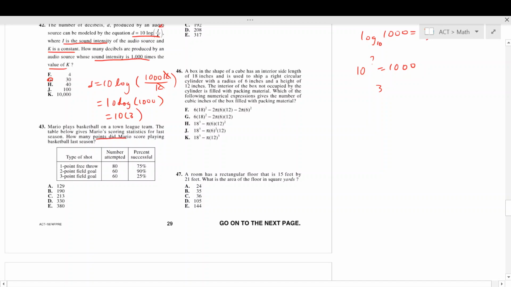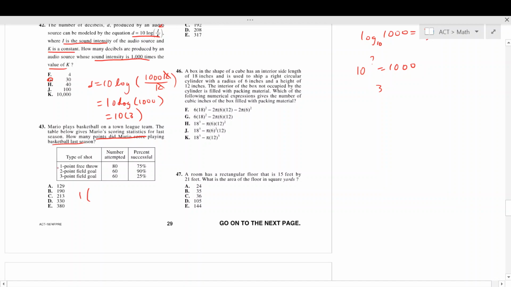How many points did Mario score playing basketball last season? Right, so we see here that he attempts some shots, but he only makes some of the shots, right? He attempts these shots, but he only makes some of them. And of course, he only gets points for the ones he makes, right? So he gets 1 point for the amount he makes.